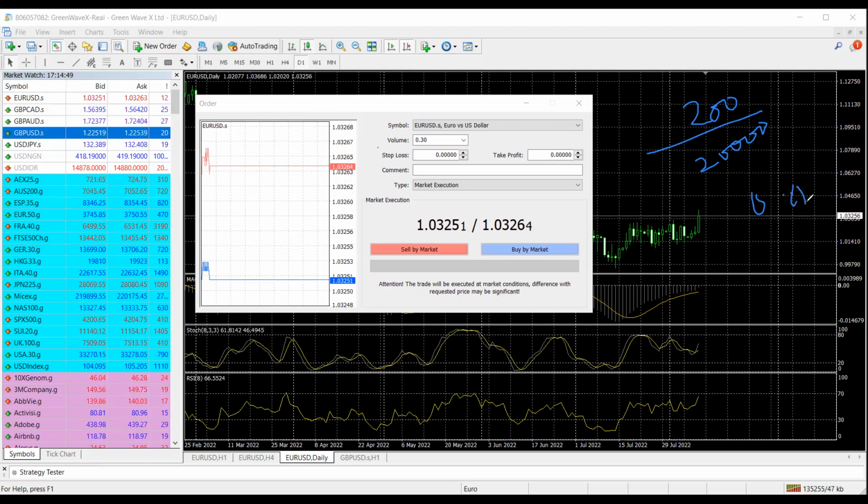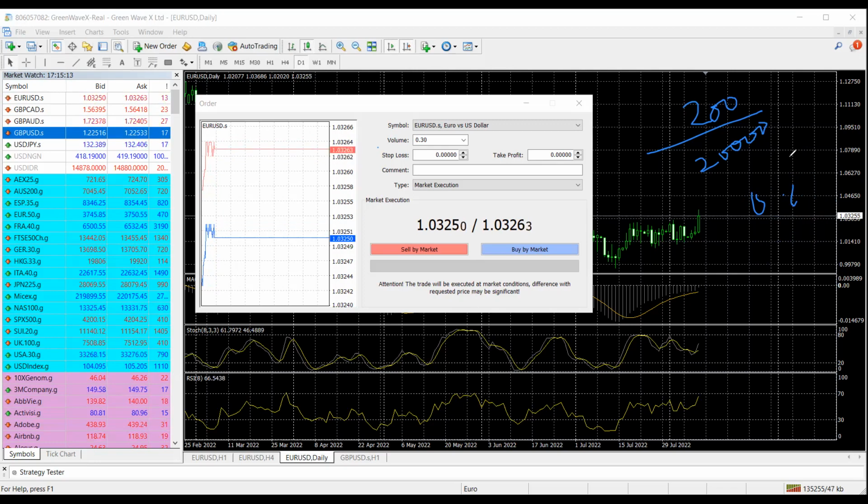So if your money is $200 or less, I don't advise you to use more than 0.01. As your account gets bigger and you are getting more confident, you can increase it to 0.02. If you trade 0.01, the profit is going to be small, maybe $5, $7, $10, $3, and the losses may also be around that range.